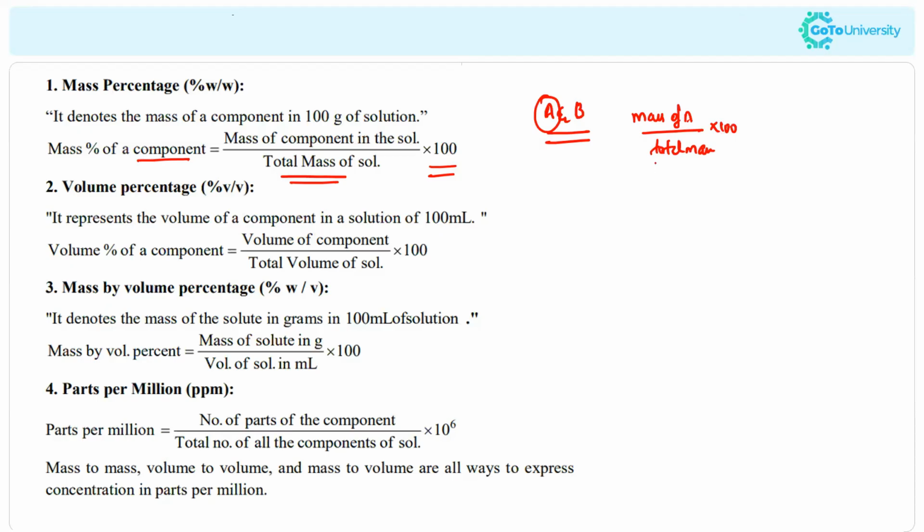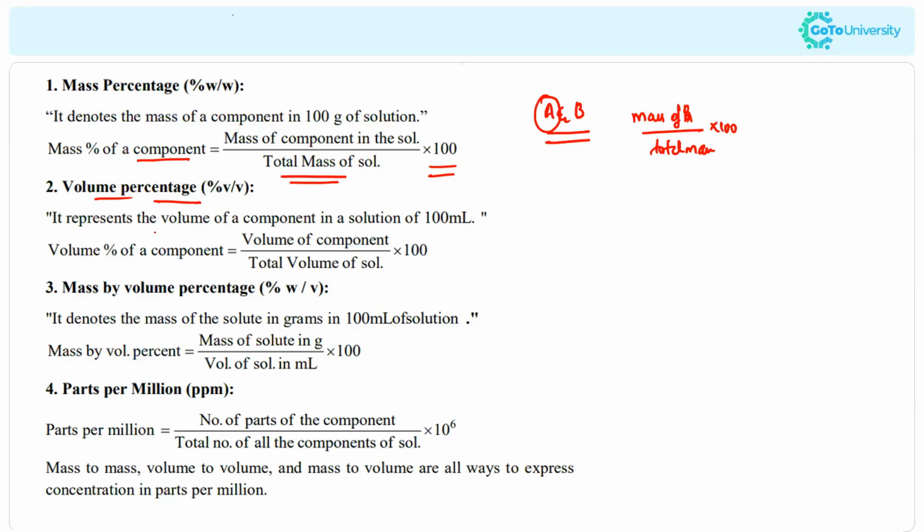Suppose you want to find the mass percentage of component B, that will be mass of B dissolved in the solution divided by total mass times 100. This is the thing.